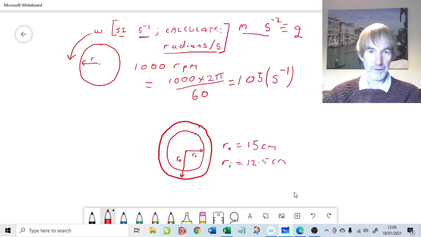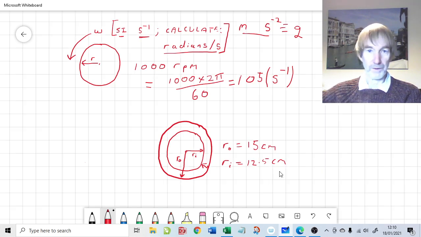And we're interested in removing all the drops of 10 micron size and above, but the ones of interest will be the ones that start their travel at the outer radius and get to the inner radius. How long does it take for them to move that distance of 2.5 centimeters? That's essentially what we're saying here.